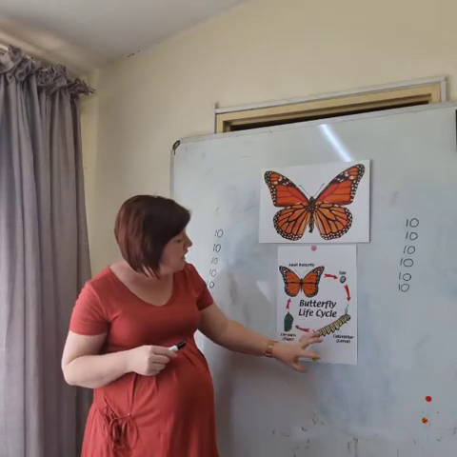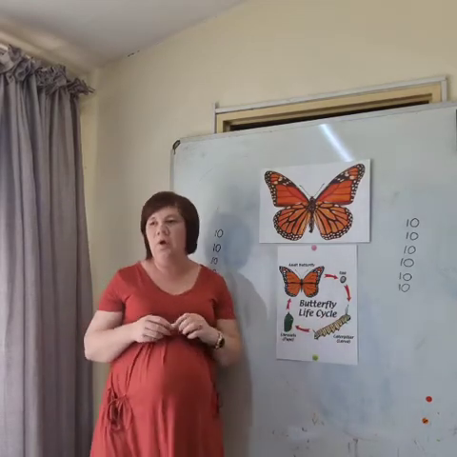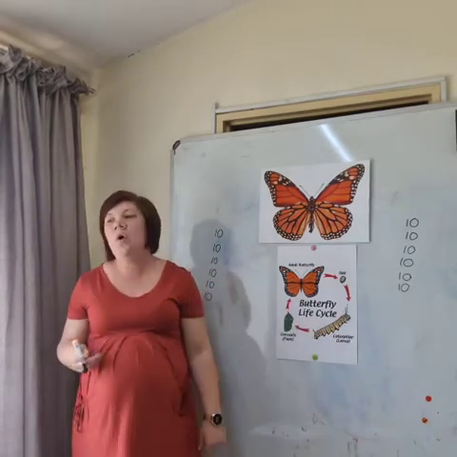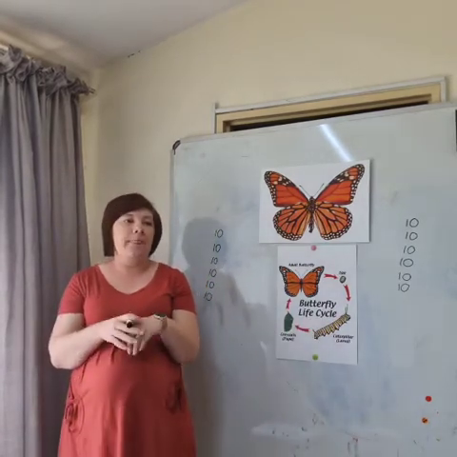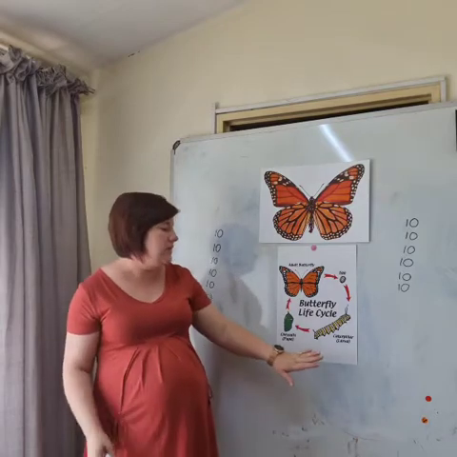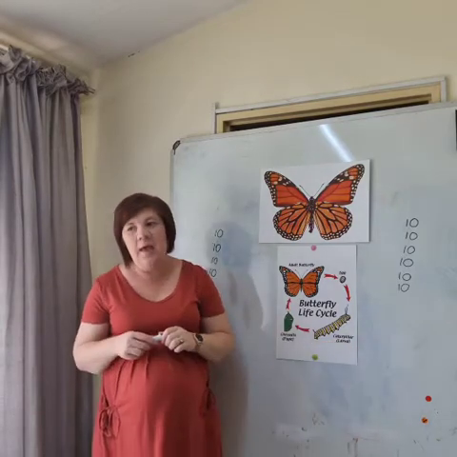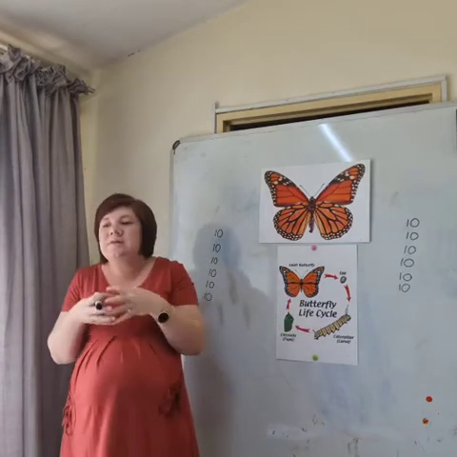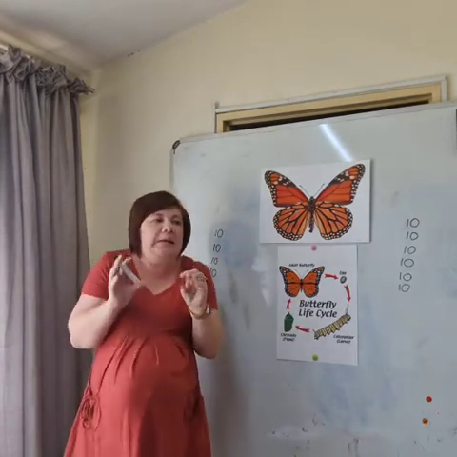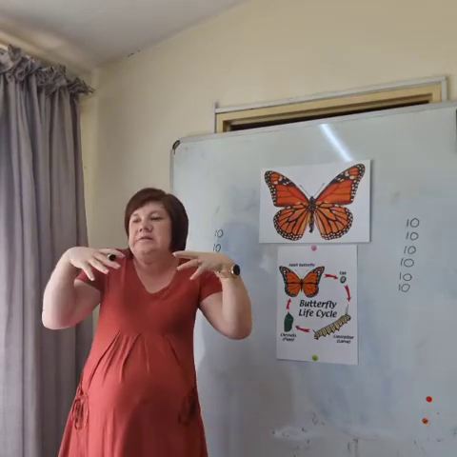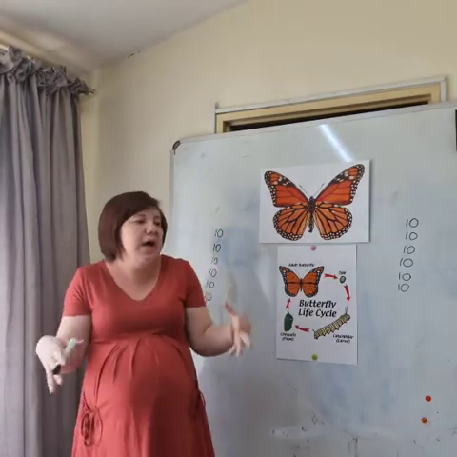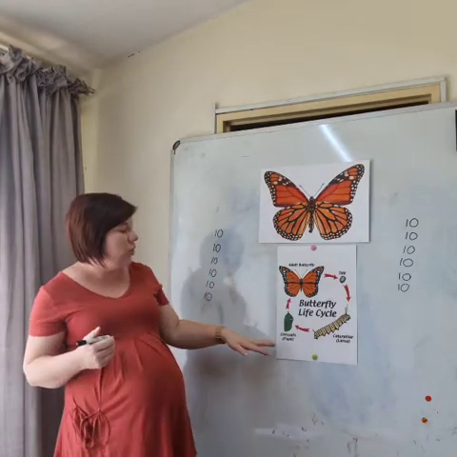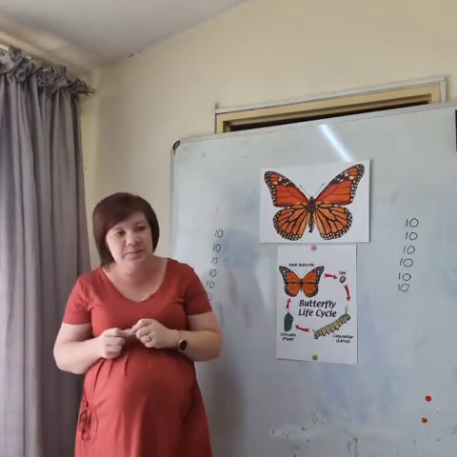And the second stage of the butterfly life cycle, we call it the caterpillar stage, or the more fancy word for it is the larva stage. Now what happens in the stage of the caterpillar? During this stage, the caterpillar will eat and eat and shed its skin multiple times as it gets bigger, just as we read in our story of the hungry caterpillar.